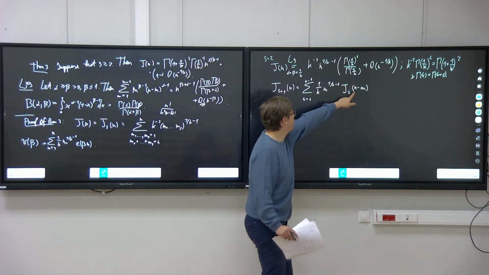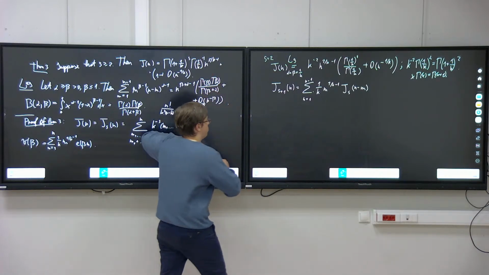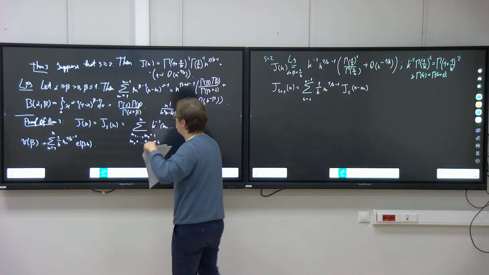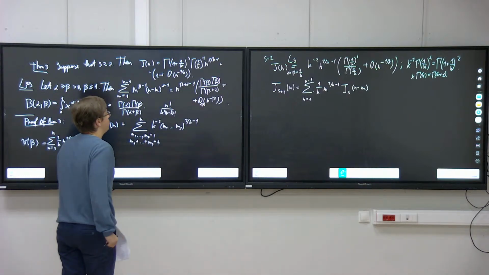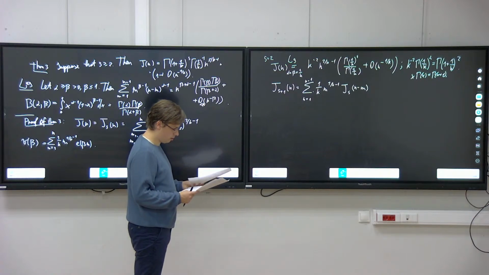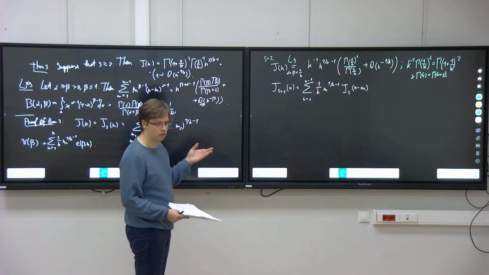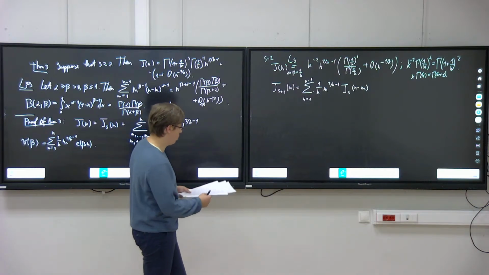So here will be n minus m to the power s over k minus 1, and we sum this over m, and this is exactly lemma 9, which lets us compute. Let me not finish this, okay? But you see that by induction, we can compute this.